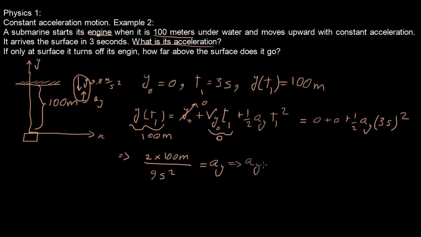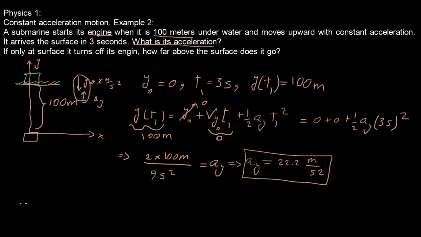Therefore ay equals 200 divided by 9, which is 22.2 meters per second square. So this is the answer to the first question. If only at surface it turns off its engine, then when the submarine is here, there is no more friction from water, and the engine force is off, so there is only gravity.